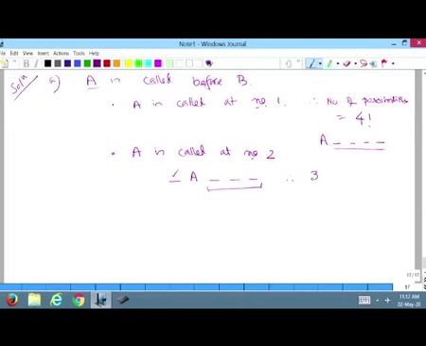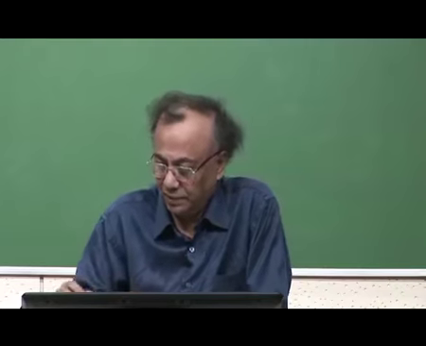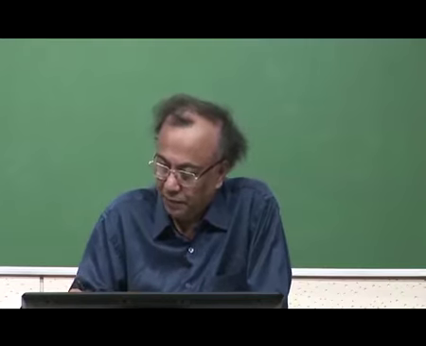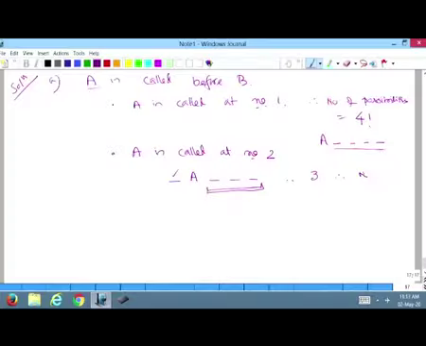That can be done in 3 ways, and now the other 2 and B can be permuted here in factorial 3 ways. Therefore, number of possibilities is equal to 3 into factorial 3.